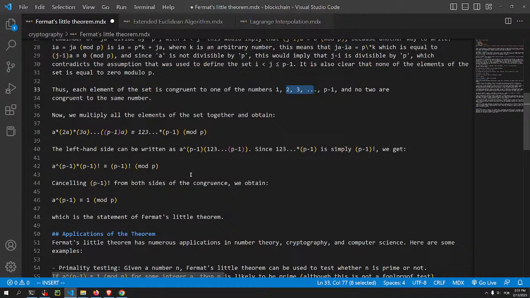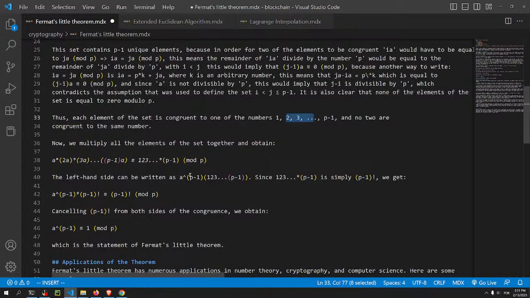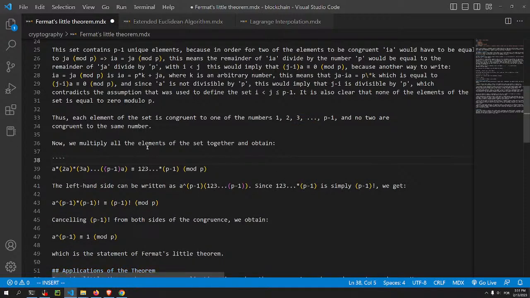Doing the factorial. This one I'm gonna put in brackets here.